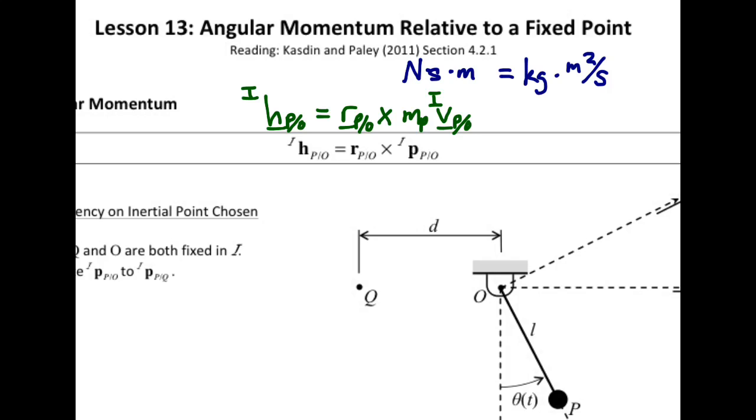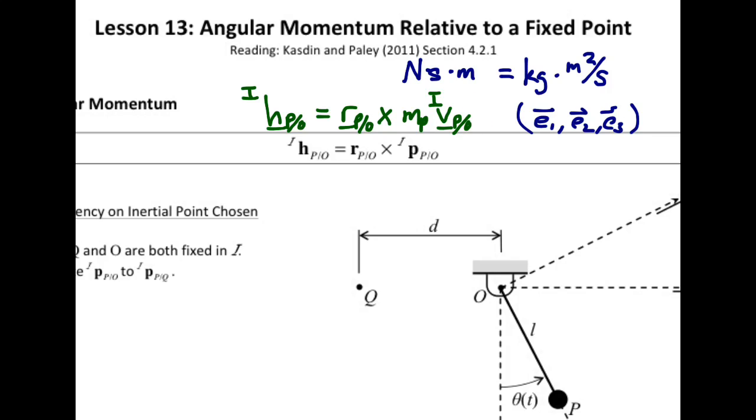And the direction of this, you can see, is going to be, because we're in planar motion, let's say that our position vector and then our velocity vector, because it's planar motion, if we're in the basis of the inertial reference frame, which is E1, E2, E3, then what we've got is a cross product of something made up of E1 and E2 with something that's made up of E1 and E2.